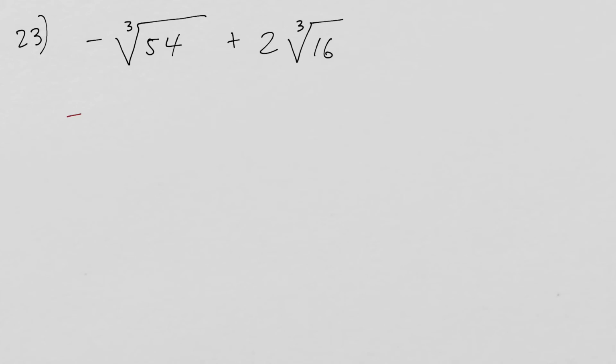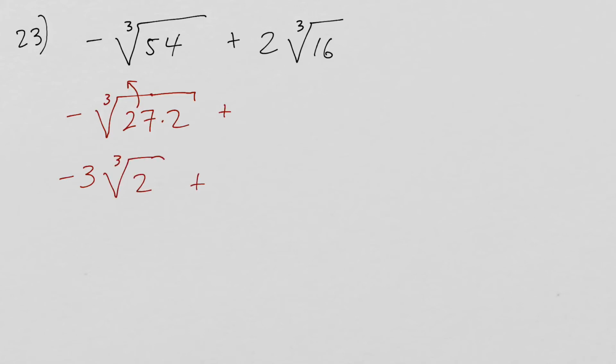Okay, so I'm going to rewrite this as negative cube root of 27 times 2, because 27 is a perfect cube and it comes out as a 3. Plus I have my 2 sitting here, and I'll rewrite the 16 as 8 times 2, because 8 is a perfect cube and it comes out.